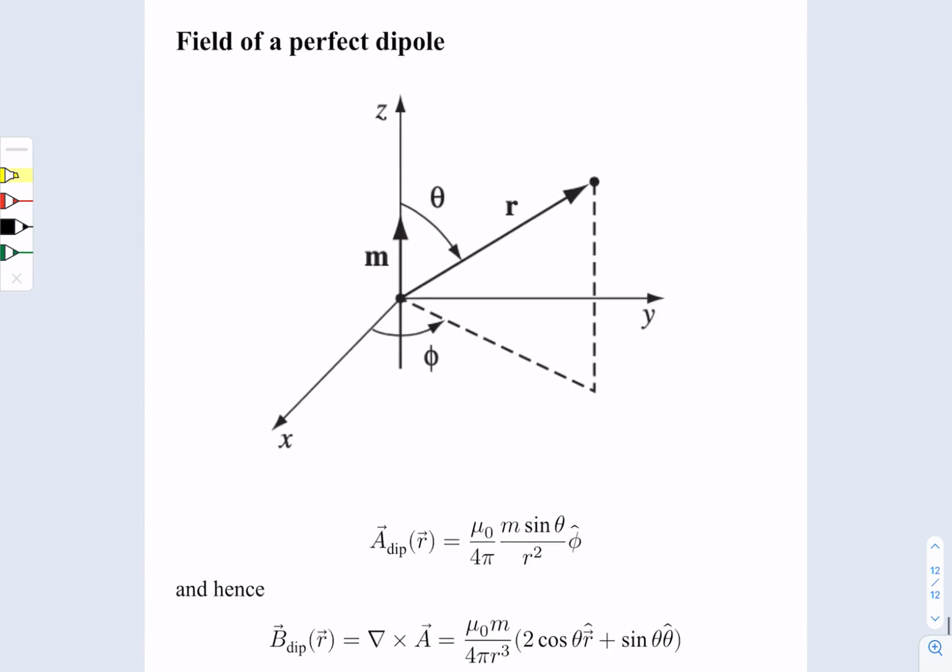Similar to the electric dipole, we can also define a perfect magnetic dipole by shrinking the size of the dipole to zero. This is equivalent to observing the dipole from very far away.